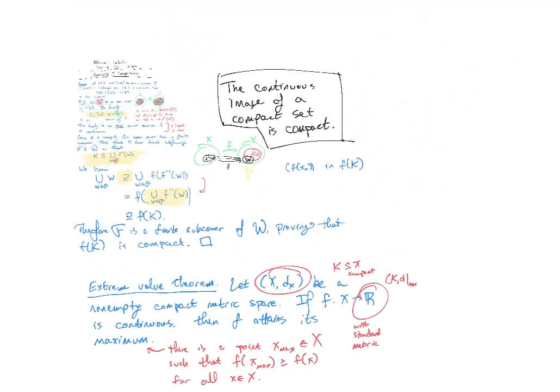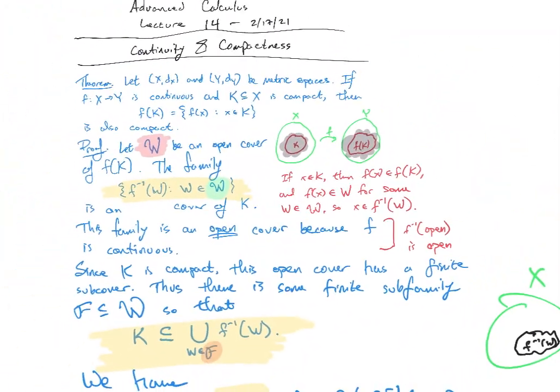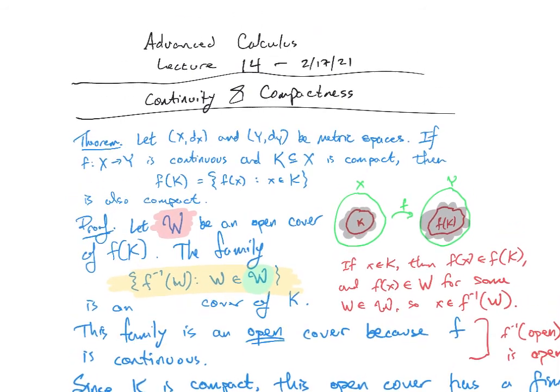Okay. Frequently, you also see our first theorem done in the same way, where you wouldn't have this compact set. You would actually just say that X itself is compact. And it's the same thing.